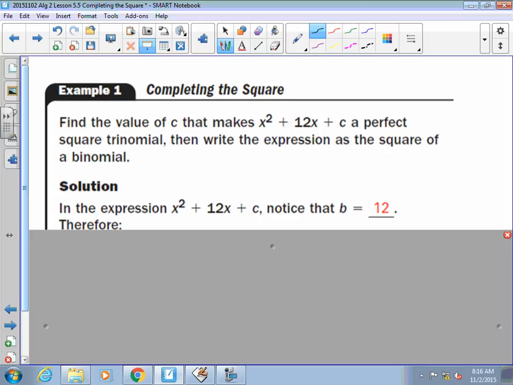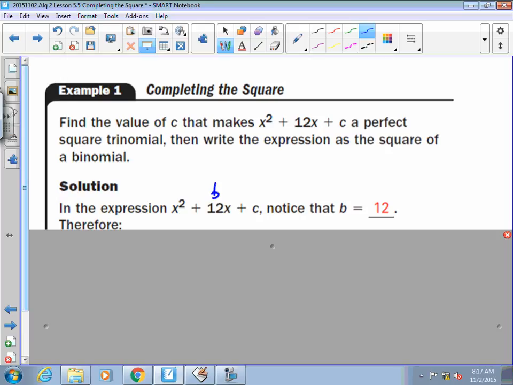Example number 1 is find the value of c that makes x squared plus 12x plus c a perfect square trinomial. Then write the expression as the square of a binomial. In the expression x squared plus 12x plus c, notice that b's value is 12.